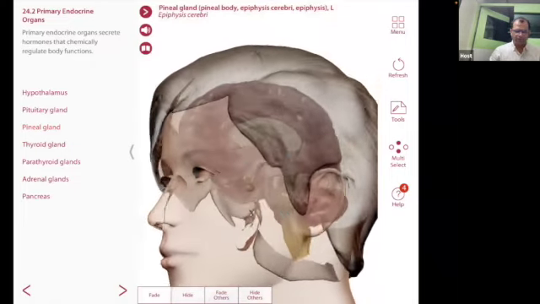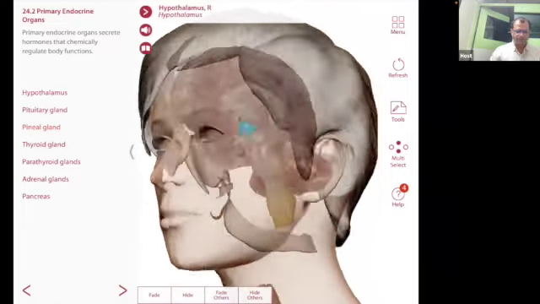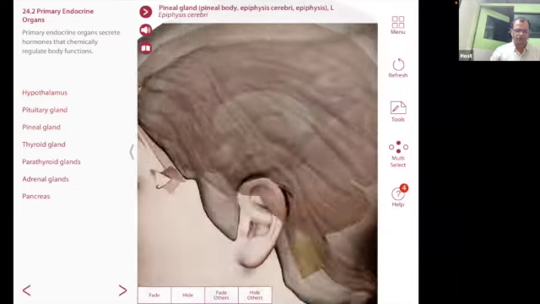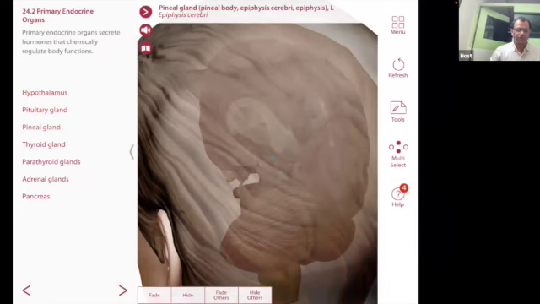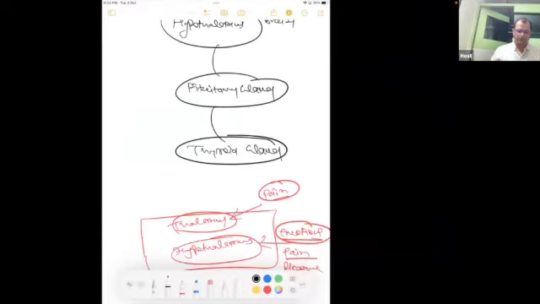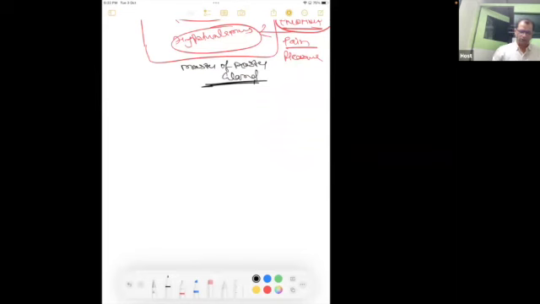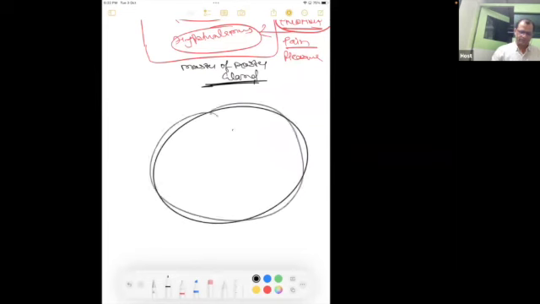So again, hypothalamus, pituitary gland, and the pineal gland. There are three main structures found in our brain. हमारे ब्रेन में तीन मुख्य स्ट्रक्चर पाए जाते हैं जो हार्मोन्स का निर्माण करते हैं. So this is the brain. One is the pineal gland.